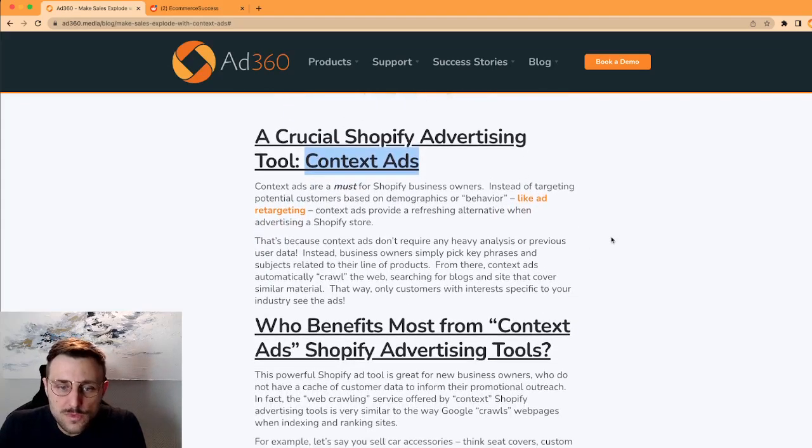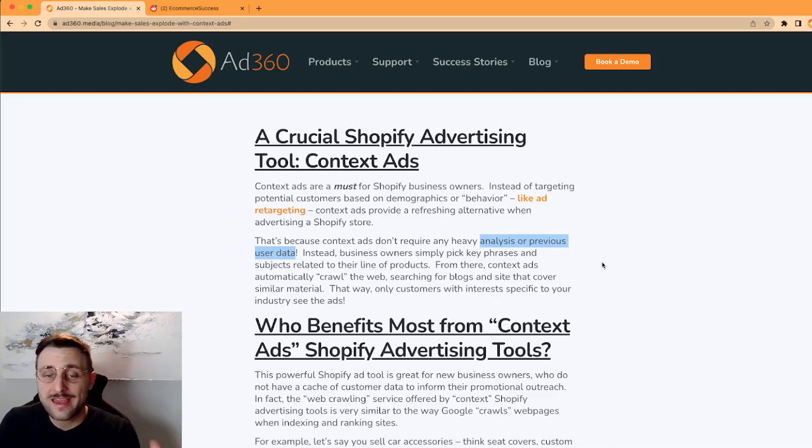The other benefit of contextual ads is you don't really need a lot of data on your customers. And that might be great if you're just getting started and you don't have a ton of analytics backlog, a ton of history. You don't really have user segments. You don't really know yet who your customer is, what age they are, what their typical avatar is.